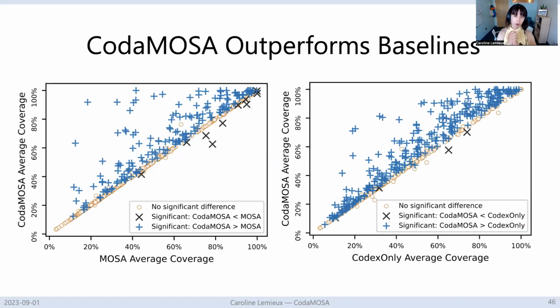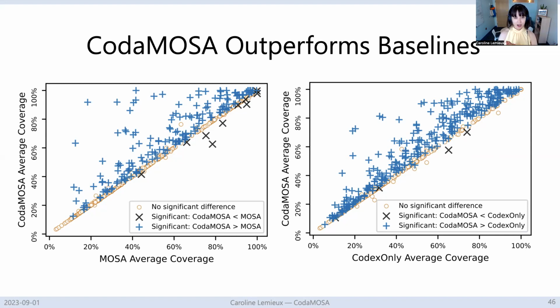So what we see here on the y-axis is CodaMOSA's average coverage on a benchmark. Each point or cross or plus is a benchmark. And on the x-axis is the baseline's average coverage on that benchmark. So essentially, if a point is above the x equals y line, that means that CodaMOSA has average higher coverage than the baseline.